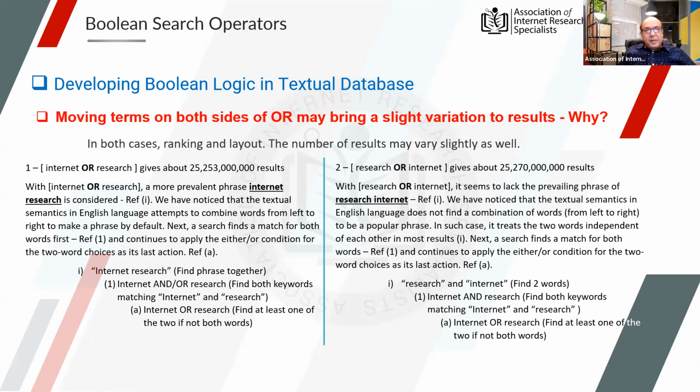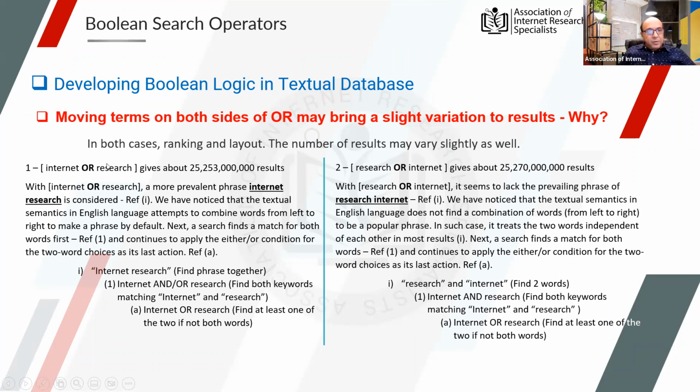These are technicalities that are difficult to remember, but always good to keep as reference. These notes would go a long way when you find that something is not getting returned properly, and you look back at what has been taught. What happens when you have internet on the left and research on the right is that it's going to find the phrase internet research.